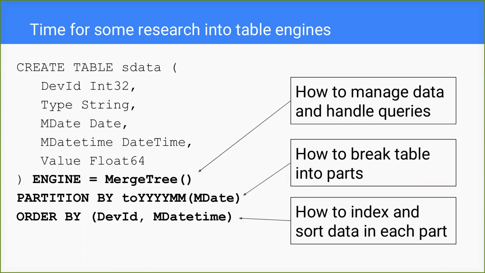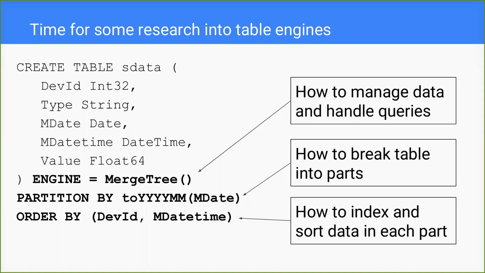Let's now look at some of the properties that were associated with that table. First of all the engine, which is merge tree, and this is the workhorse engine for organizing data in ClickHouse. We'll talk about its behavior in just a second. You then have this thing called a partition key, and what this does is it's telling ClickHouse how to break the table up into parts.